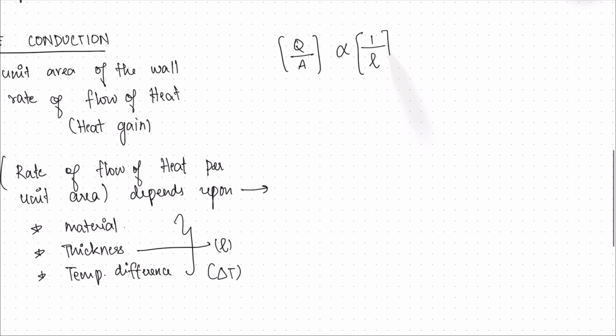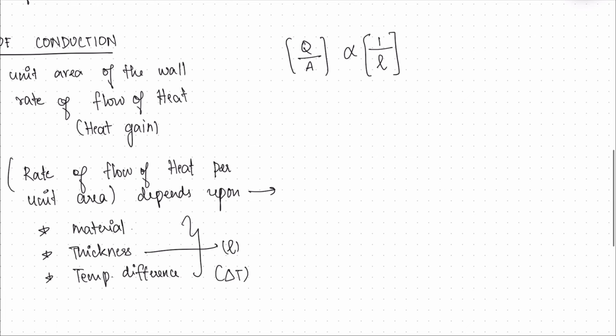Now let us consider the temperature difference. So imagine this is your wall, and the temperature difference is higher. What will happen to the rate of flow of heat per unit area? That will also increase. So your Q by A will also increase. What does this mean?